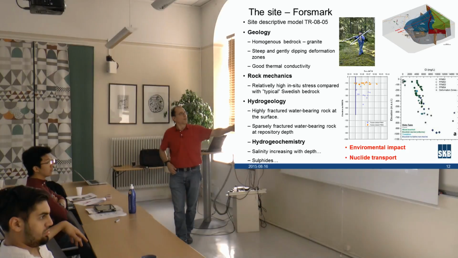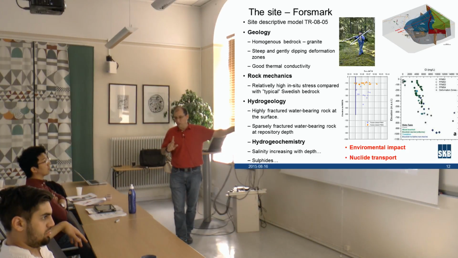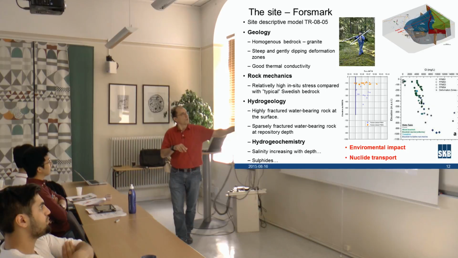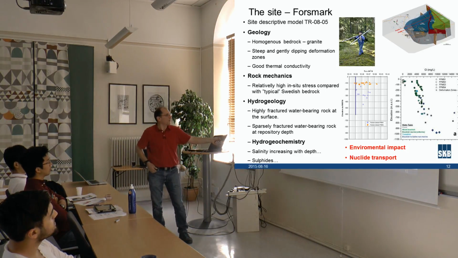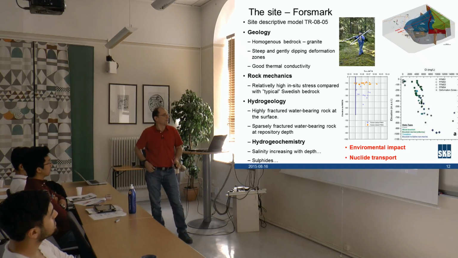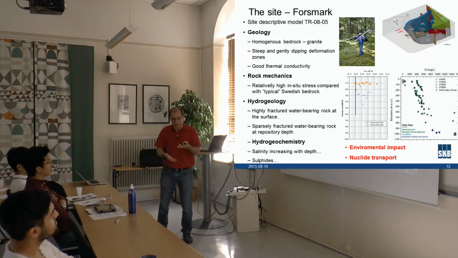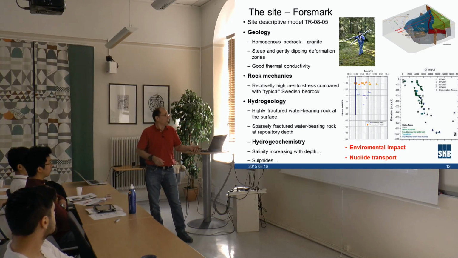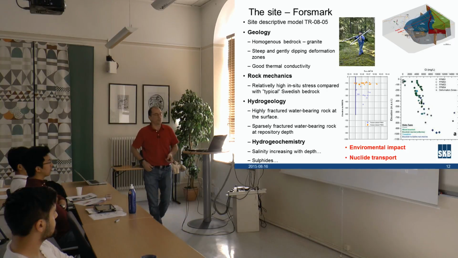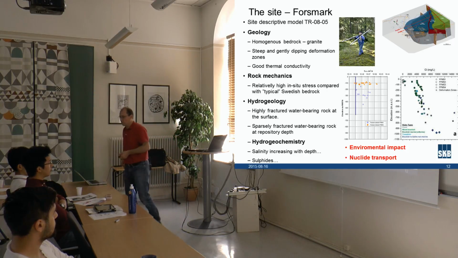This is fracture domain 2, and this is fracture domain 1. So the rock up close to the surface is very highly fractured and water-bearing. But where we are going to put the repository, it's only partially fractured, with almost no water-bearing fractures.